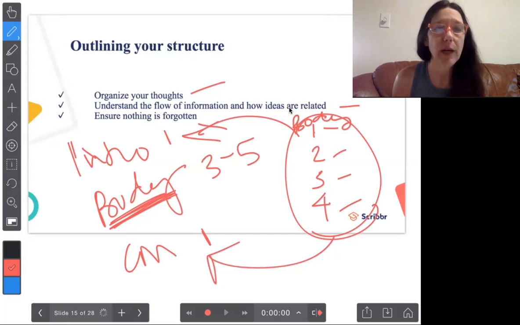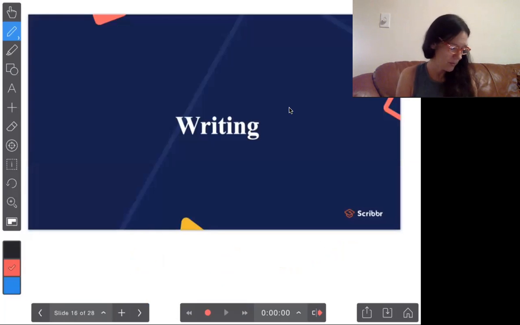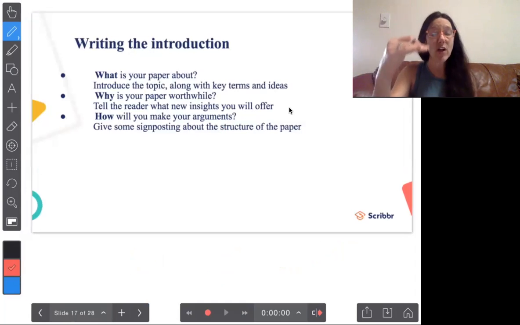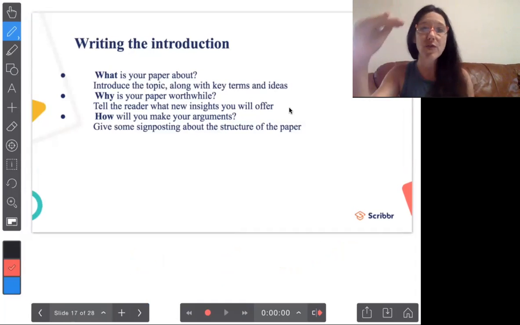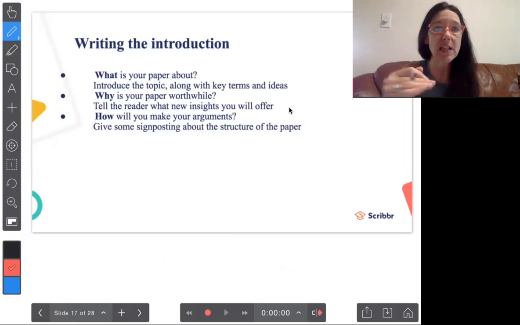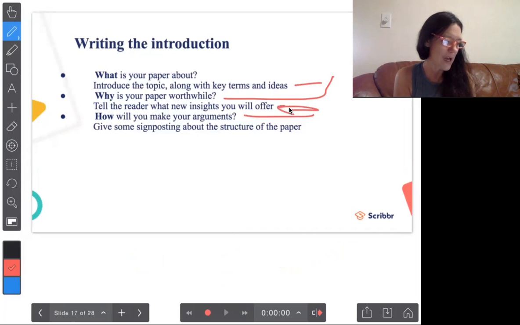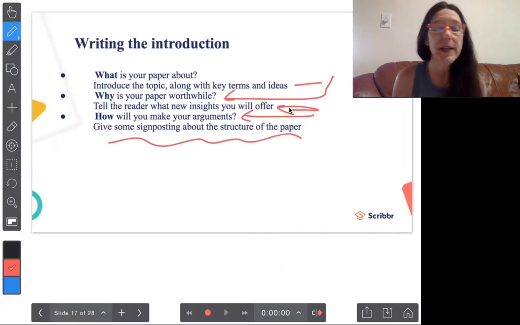If it helps you to write your intro first, to help you organize it, then you have all of those things listed in your intro, those 4 questions or 4 things you need to cover, right? You got to introduce it, key ideas, why does anybody give a crap about you? What are you going to tell them? How are you going to tell them? And then you expect, right?